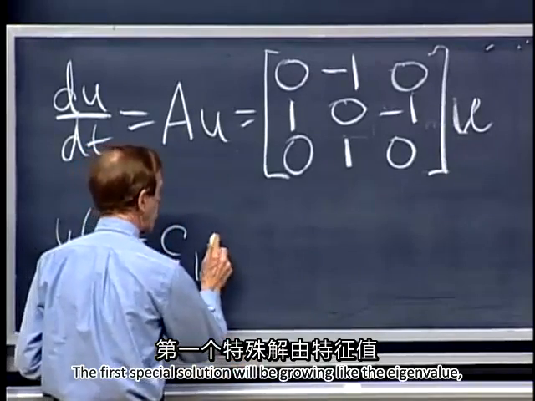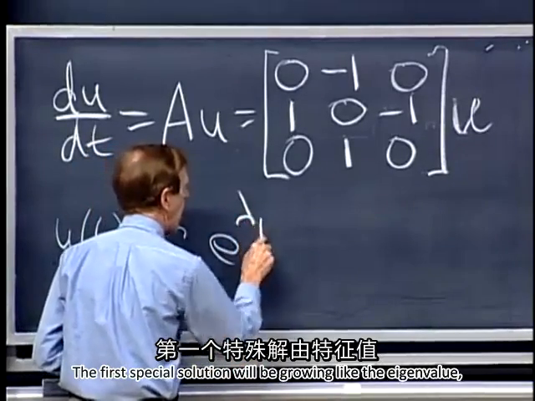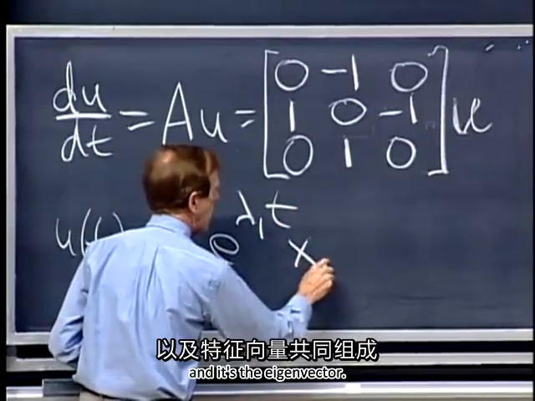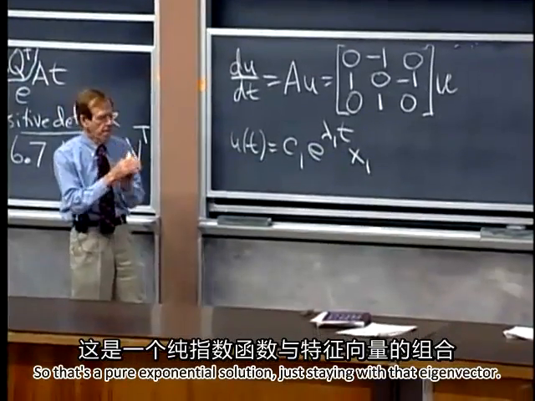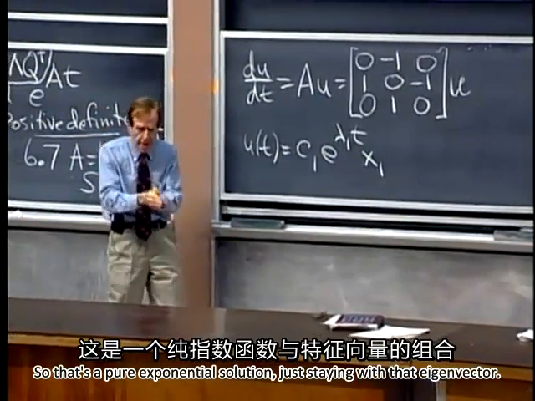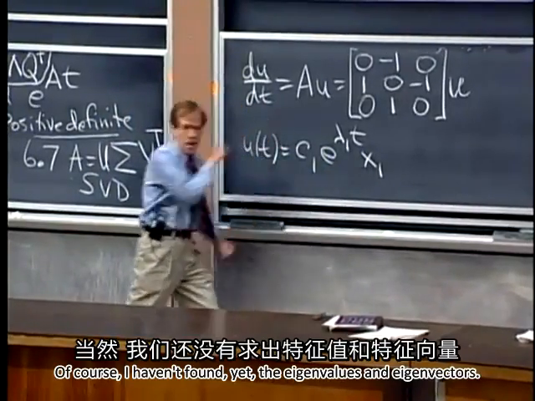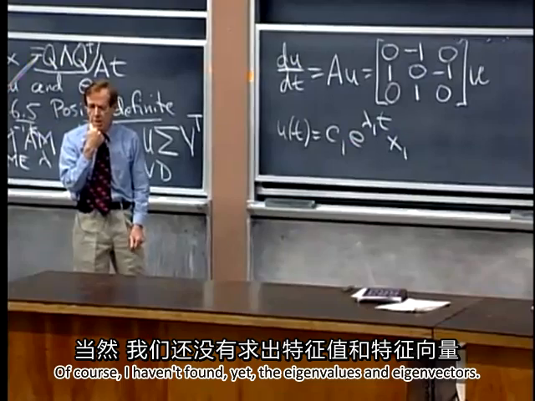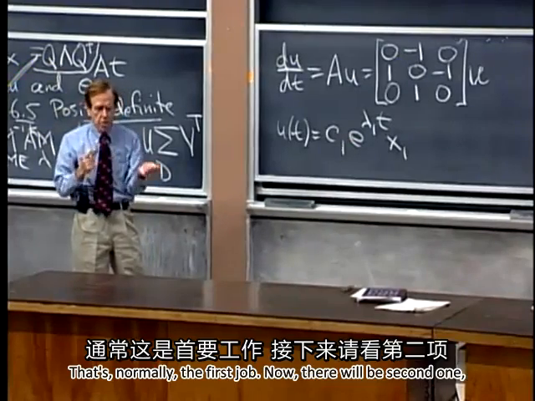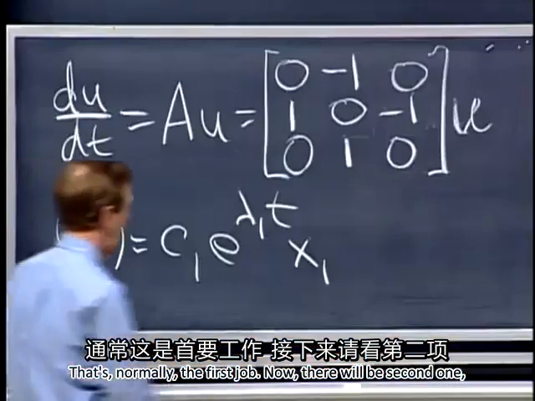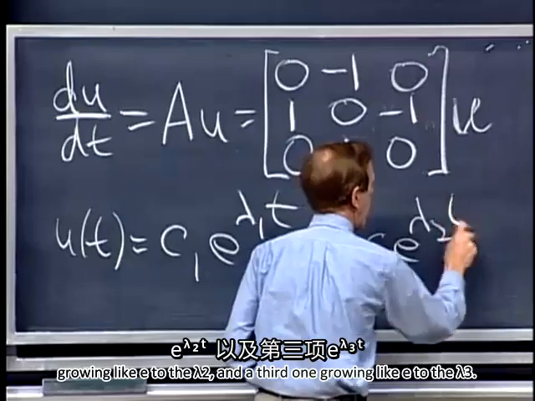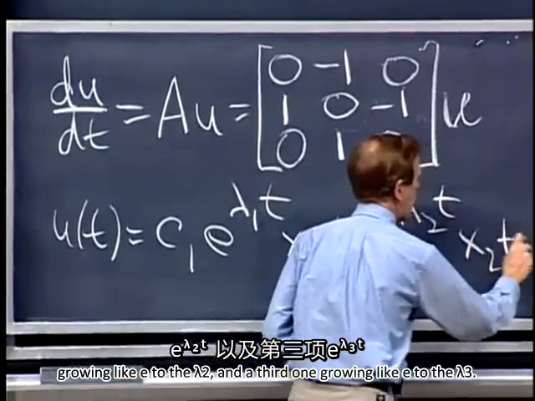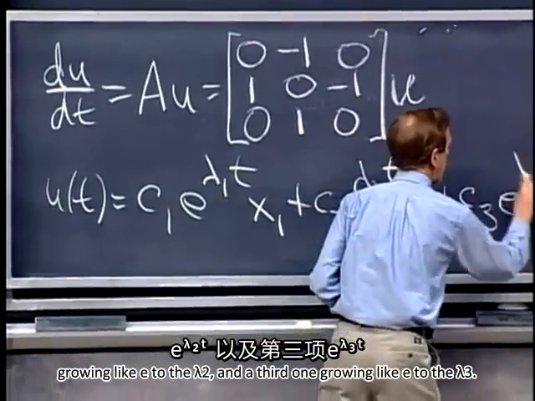The first special solution will be growing like e to the lambda 1 t, and it's the eigenvector. So that's a pure exponential solution, just staying with that eigenvector. Of course, I haven't found yet the eigenvalues and eigenvectors. That's normally the first job. Now, there'll be a second one, growing like e to the lambda 2 t, and a third one growing like e to the lambda 3 t.